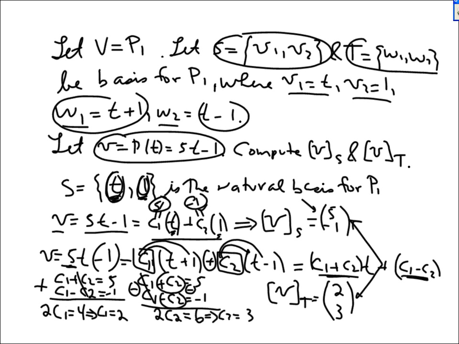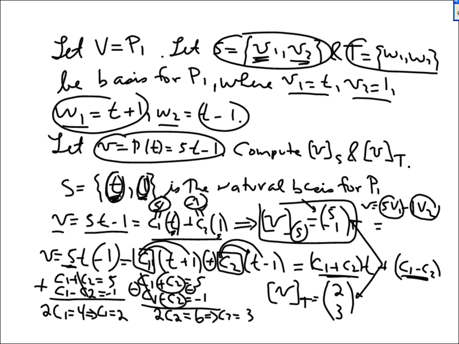In other words, this tells me that V is 5 with respect to S, which, going up to the top, is V1 and V2. V is 5 times V1 minus 1 times V2. And if you actually multiply V1 by 5 and V2 by 1 and subtract, you will get 5t minus 1.